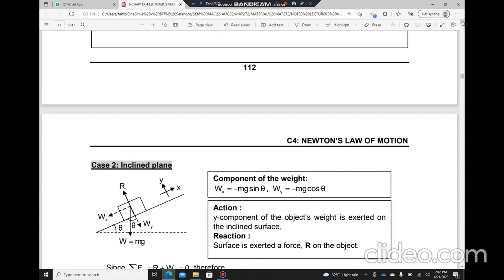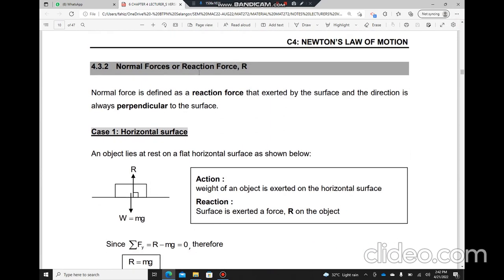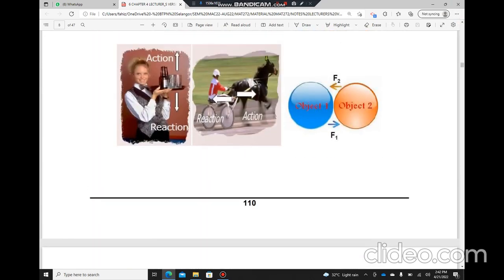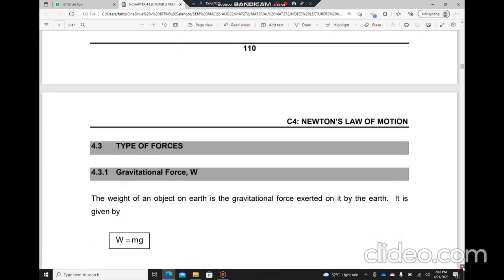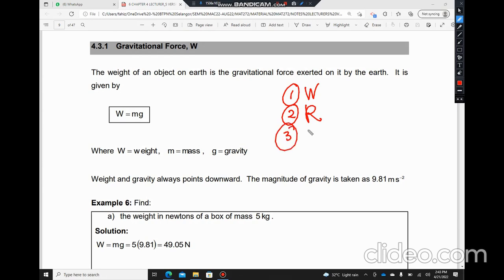Then kita ada R, which is normal force or reaction force. And then we also have W. So maksudnya dekat sini untuk type of forces, we have 4 types which are, okay, first W, second R, third frictional, and 4 tensional. So kita ada 4 kat sini.